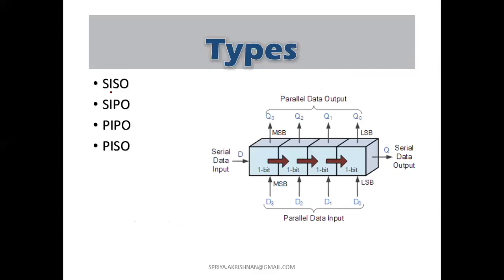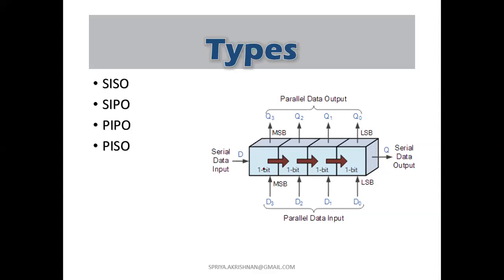In this we discussed its types: serial in, serial out; serial in, parallel out; parallel in, parallel out. Serial in means I'll apply data one by one and I'll get the data at the output one by one. So that is serial in, serial out. How many bit shift register is this? See, this is one flip-flop.